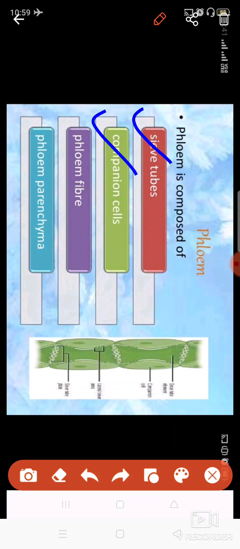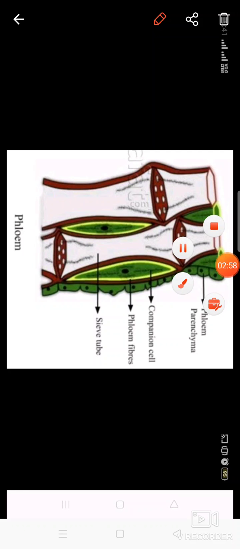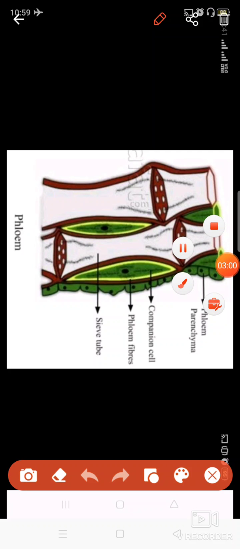Now let us see the diagram of phloem in a detailed way. See, this is the diagram of phloem. So here you will see these four kinds of cells are arranged in such a manner that phloem parenchyma is basically a living type of cell which is present adjacent to these companion cells.